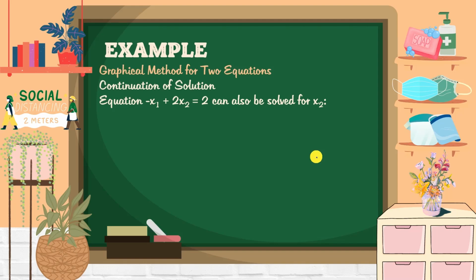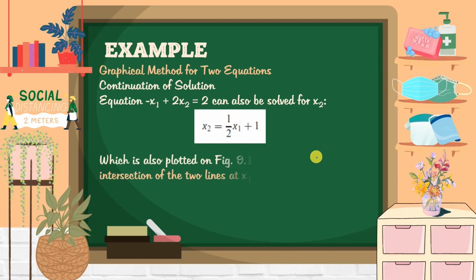The second equation, negative x sub 1 plus 2x sub 2 equals 2, can also be solved for x sub 2. X sub 2 equals 1 half x sub 1 plus 1. This is simply rearranging the equation, which is also plotted on figure 9.1.